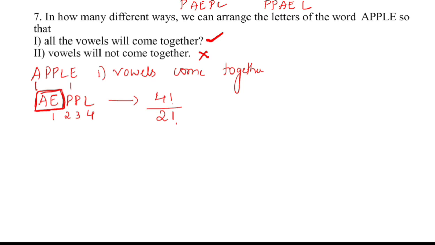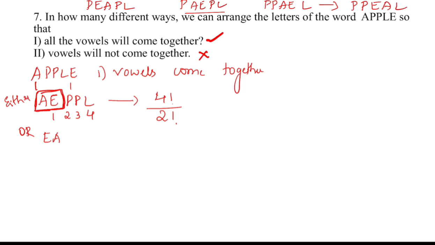But this is one condition, either this condition or there is one more condition. Not necessary that it should be AE only, it can be EA also, isn't it? Now this can be written as PEAPL, and this can be written as PPEAL, like this also, isn't it?